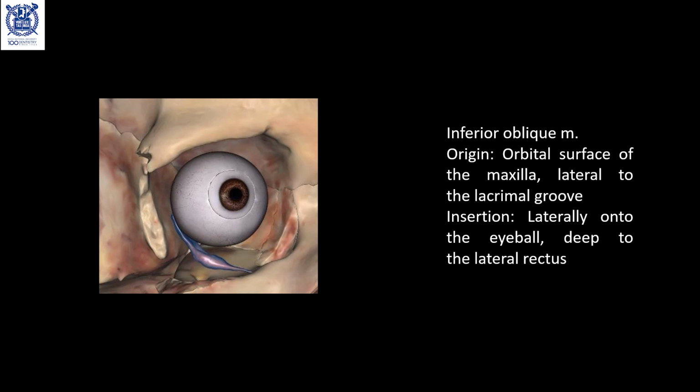The inferior oblique muscle is innervated by the inferior branch of the oculomotor nerve. Its actions are extorsion, elevation, and abduction of the eye. Overall, its origin is at the orbital surface of the maxilla, lateral to the lacrimal groove. Its insertion is laterally onto the eyeball, deep to the lateral rectus.